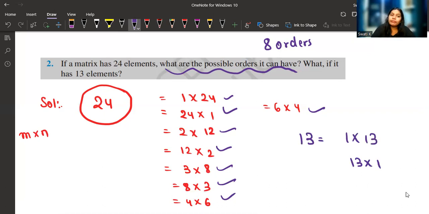No. So if it has 13 elements, it will have only 2 possible orders. Therefore, the answer is 2. So for the second one, the answer is 2 possible orders. For the first part, the possible orders for 24, it is 8 orders, right? That's the answer. All right, now we can go to the third question.